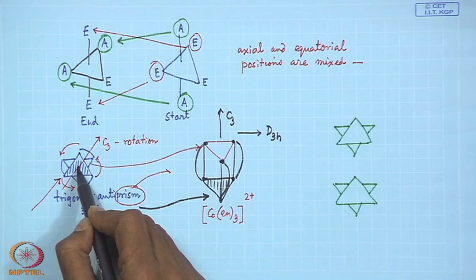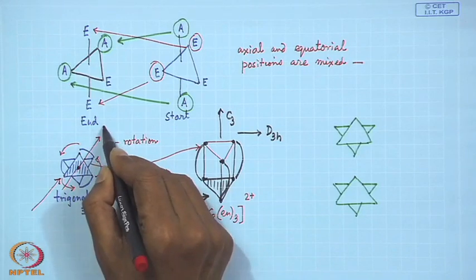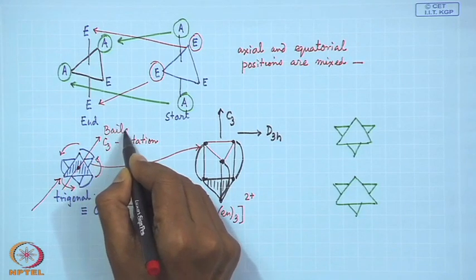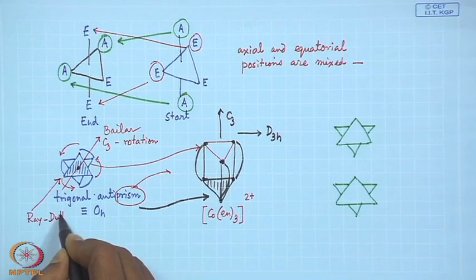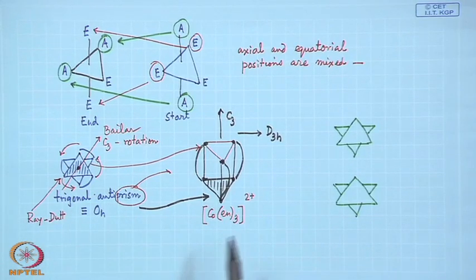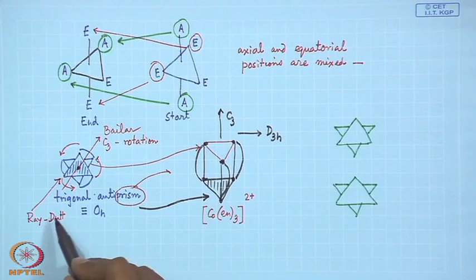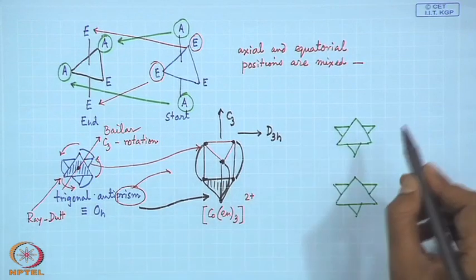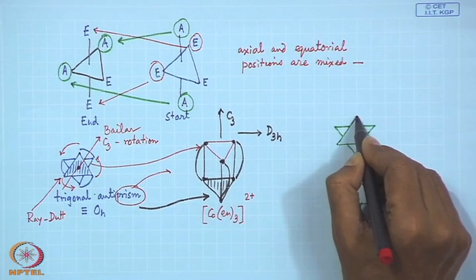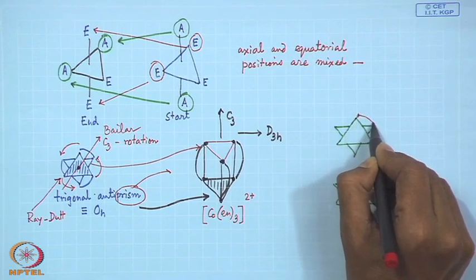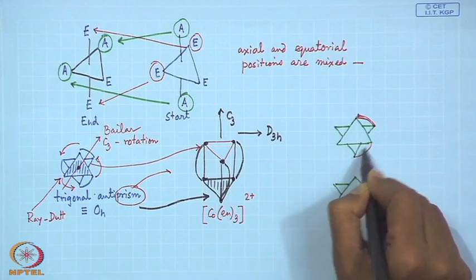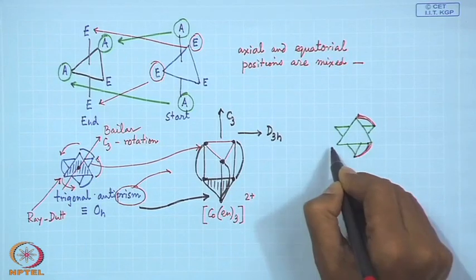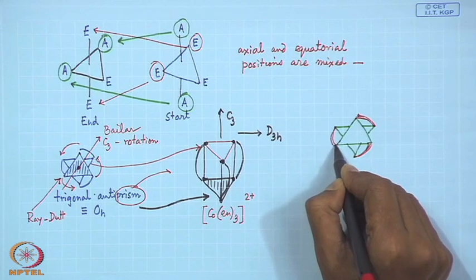So, when it is shown from this, this is the Bailar twist, and from the other, which is the corresponding Ray-Dutt twist, by taking the other C3 axis, which is also equally probable for the twisting. So, when we get this connectivity, the bidentate chelation is from this side, and from this also, and from this also.